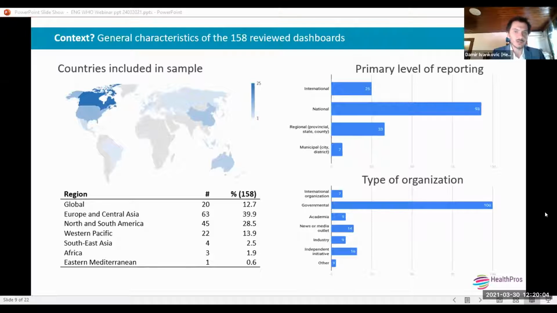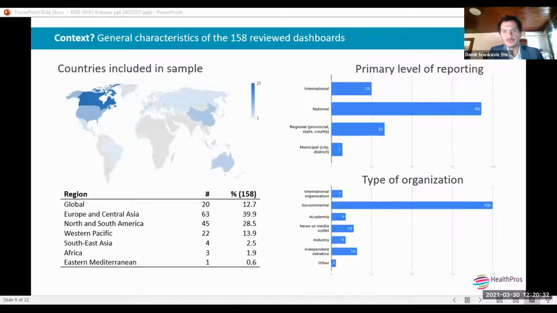As you can see, we did cover all the, for instance, WHO regions, but most dashboards came from the European one and the North American region. And out of 158 dashboards, the majority did national level reporting primarily, which doesn't mean that dashboards only did national level reporting, but that was their primary level.